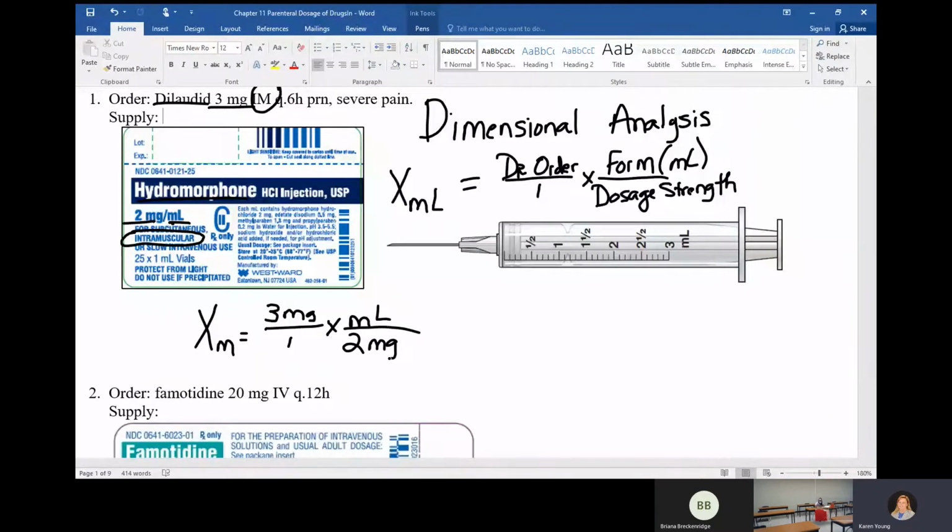With the injectables, it's generally going to be 1 milliliter. Sometimes it'll be 2, sometimes it'll be 5. So you have to watch out, but kind of pay attention. Most of the time, it would be 1 milliliter. So my milligrams cancel. I have 3 over 2 milliliters, which is the same thing as 1.5 milliliters.